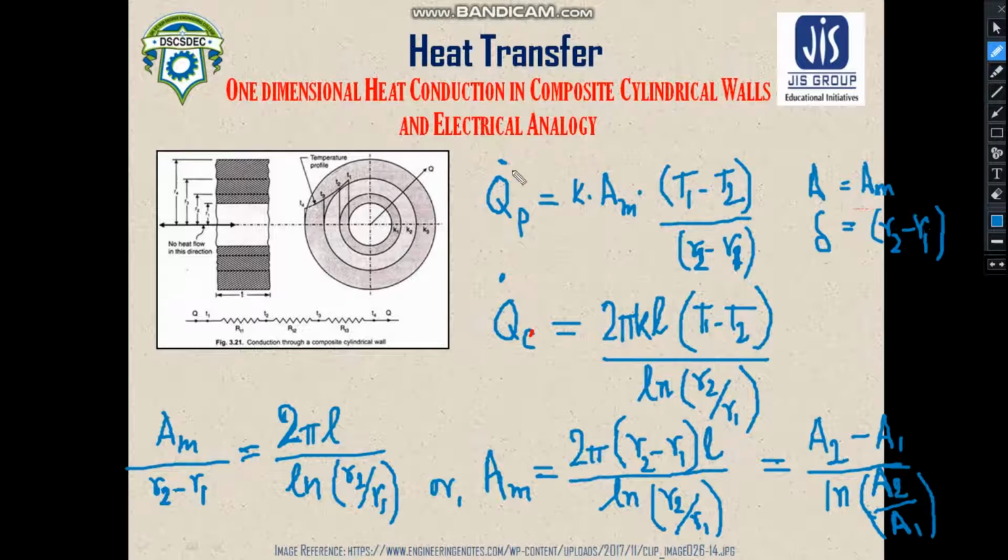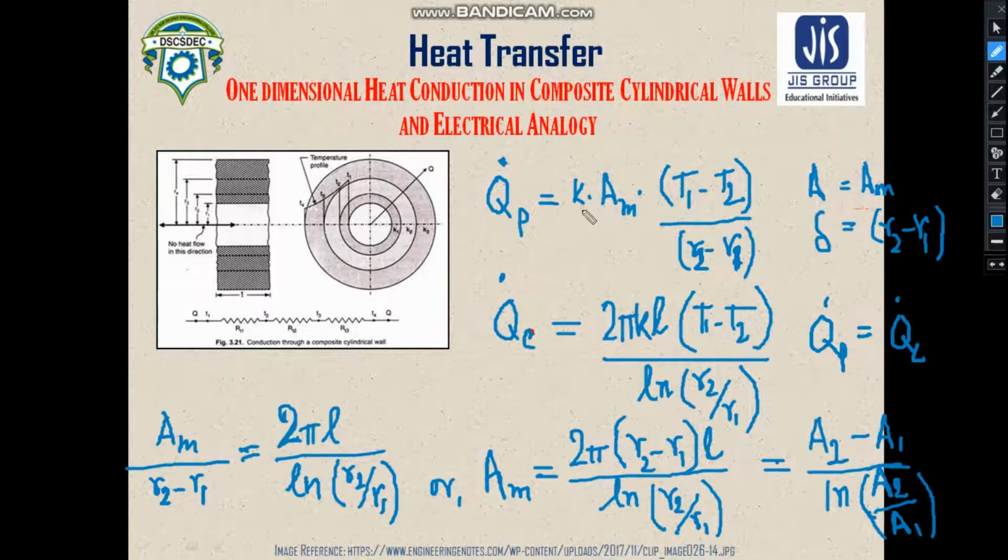Using that formula I have written down this equation, and this is your heat transfer rate for the cylindrical surfaces which we have just calculated. So now if we equate these, we can write Q_P dot is equal to Q_C dot. What I am trying to say is that we are writing the same equation but using two separate formulas.